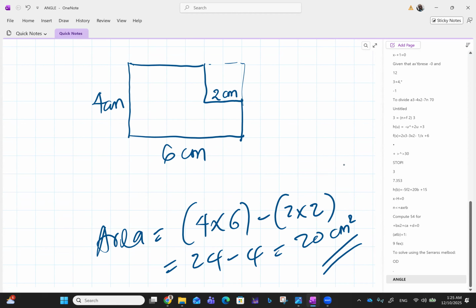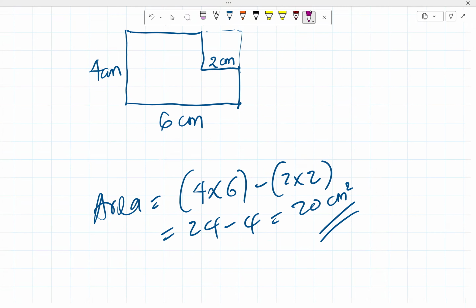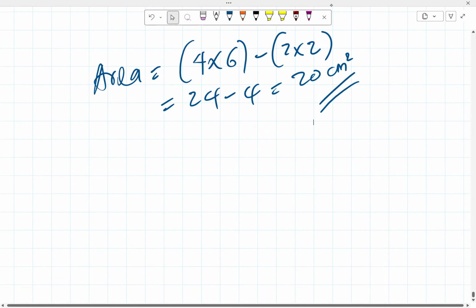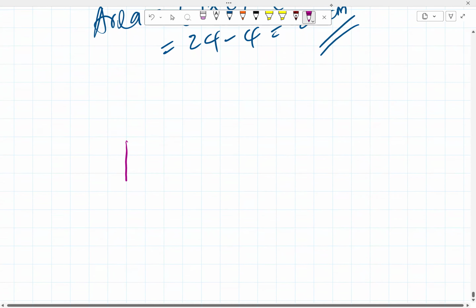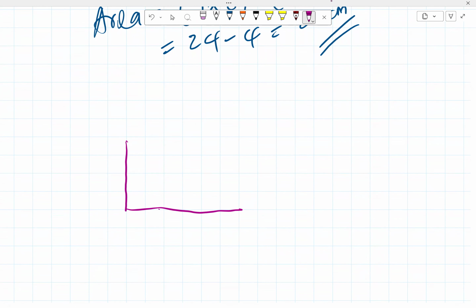Another thing we can do is to just take it the way it is. We have, this is 1, 2, 3, 4, right? And this is 1, 2, 3, 4, 5, 6. Yes. And this 2 has been cut off. So this is up to this place. We have this now.